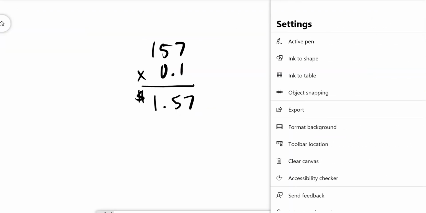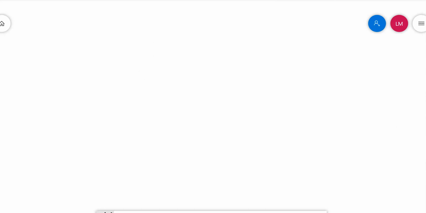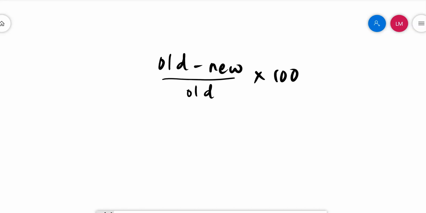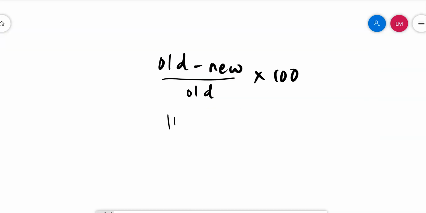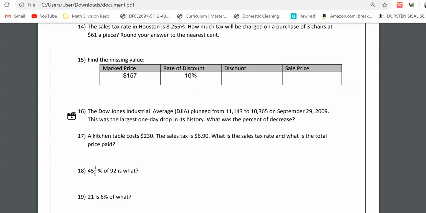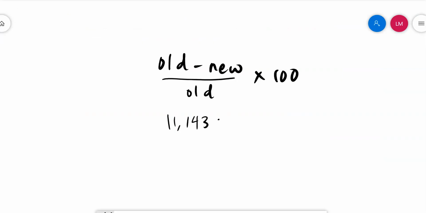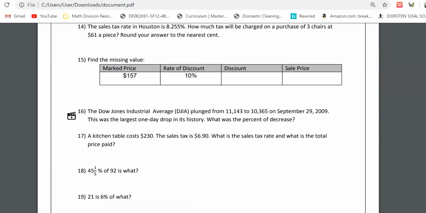So for this one, I believe I told everybody old minus new divided by old times 100. So the old price was 11,143, and the new is 10,365.